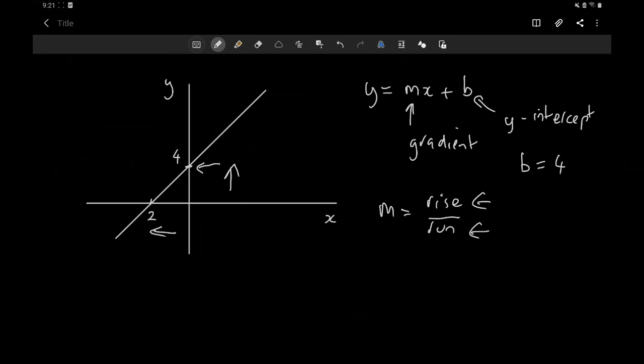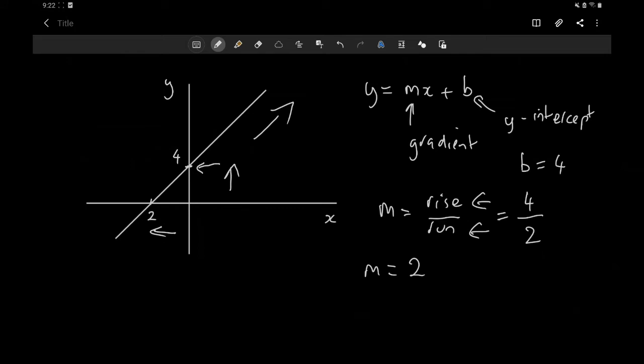So let's find these numbers. We know the rise is 4, and we know the run is 2, and we know that because the slope is angled towards the right, it's going to be a positive gradient. So m is equal to 4 on 2, therefore m is equal to 2.